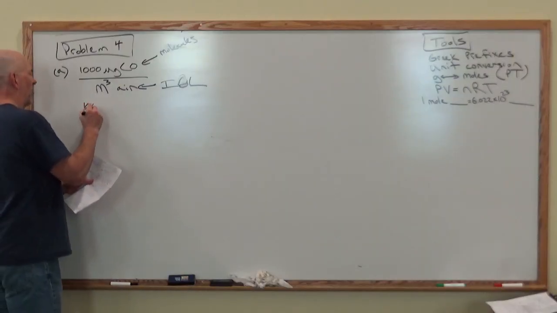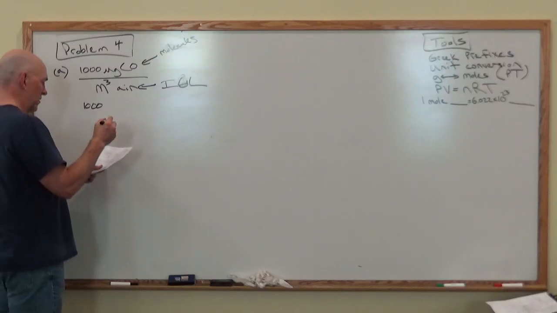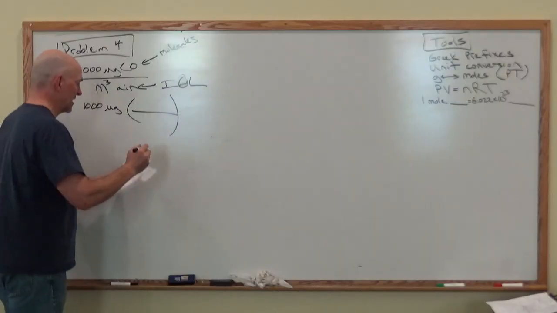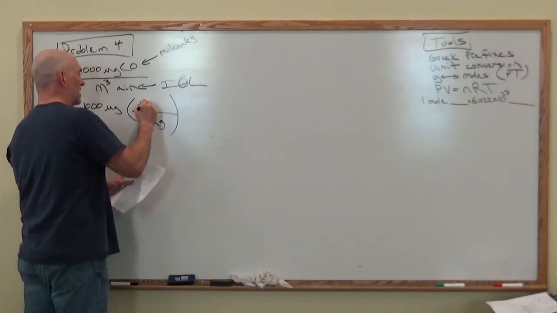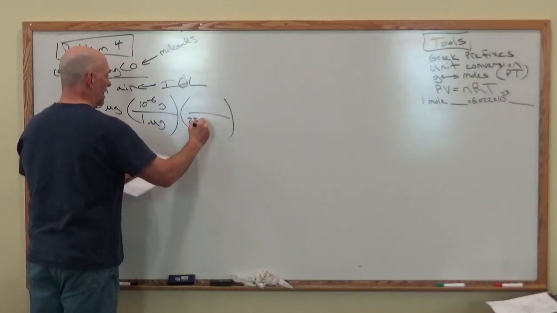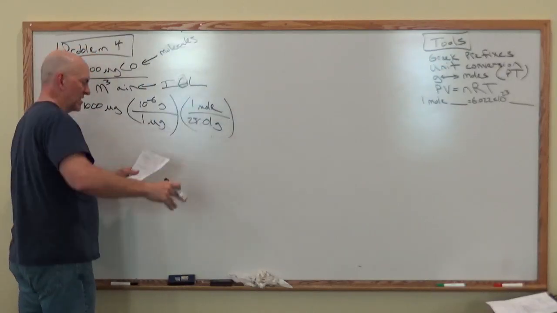So we have 1,000, so let's do the numerator first, then the denominator. So 1,000 micrograms, you should be able to do this. And it's carbon monoxide. A microgram is 10 to the minus 6 grams. We know 28.01 grams is 1 mole, and this is all carbon monoxide.